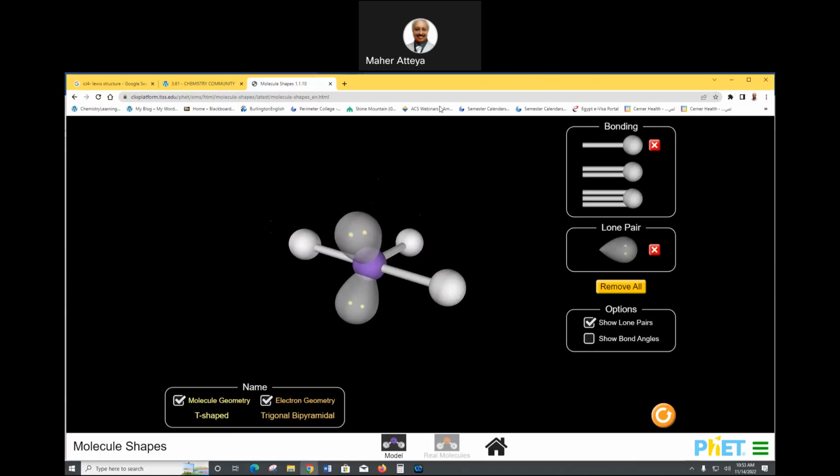If I remove the lone pair, I have a T shape. One here and one here, 90 degrees, T shape. That's the molecular geometry. If I include all of them, then this will be trigonal bipyramid, the same thing we did before.